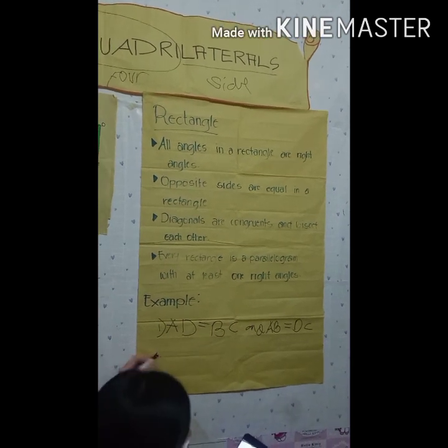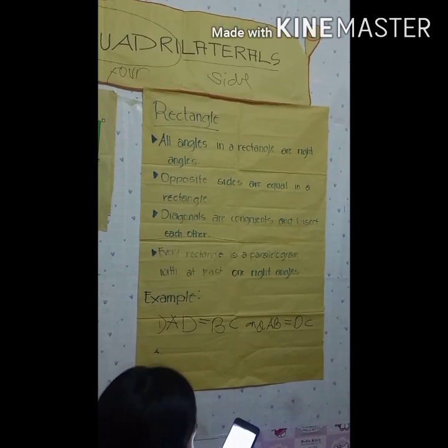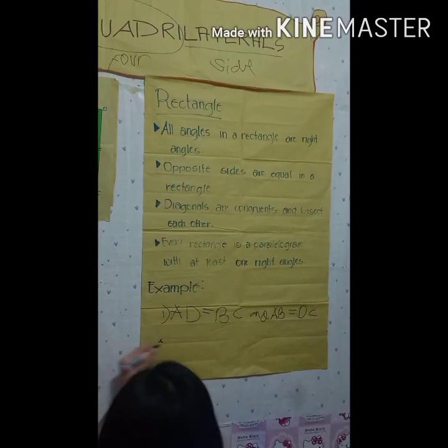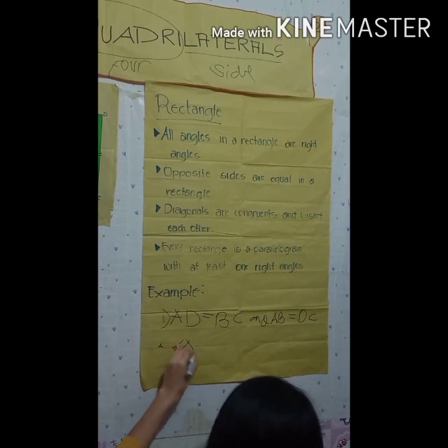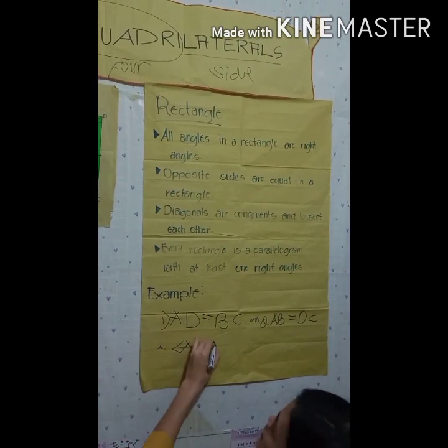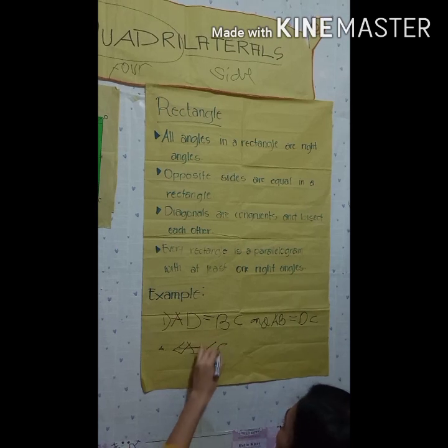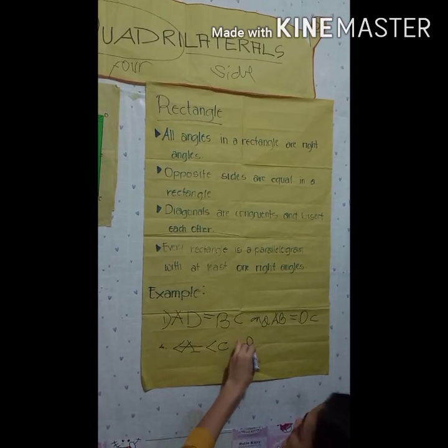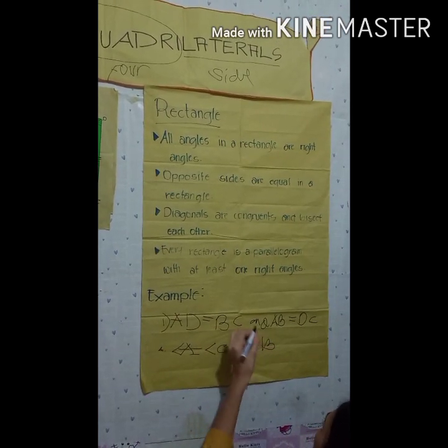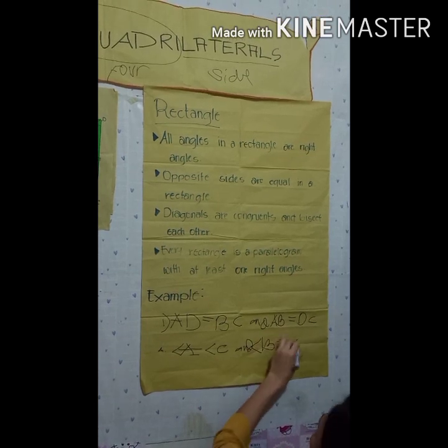Number 2, all angles are right angles. So angle A is equal to angle C, and angle B is equal to angle D.